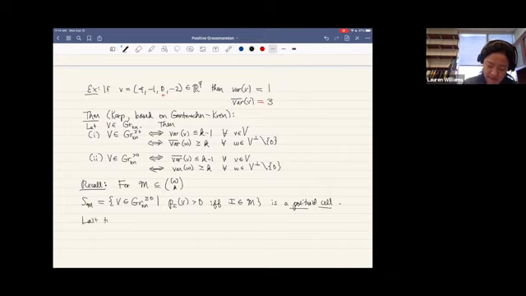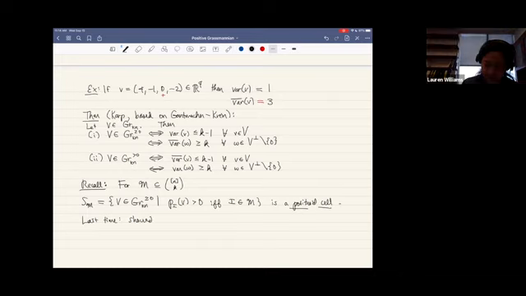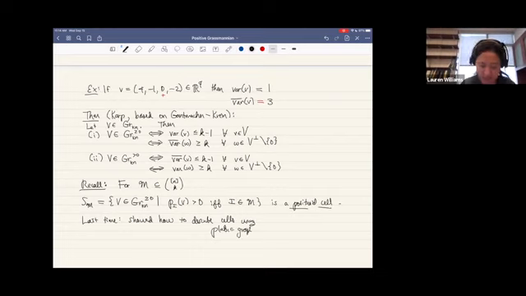And last time we showed how to describe cells using Le-graphs, these planar bicolored graphs embedded in a disk.